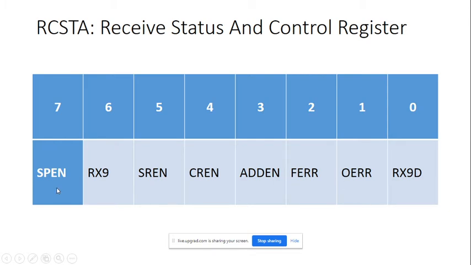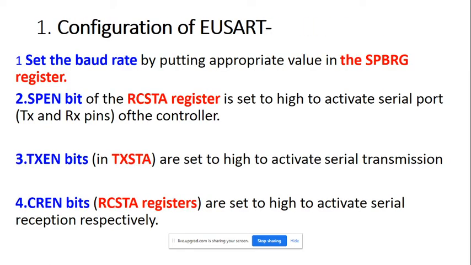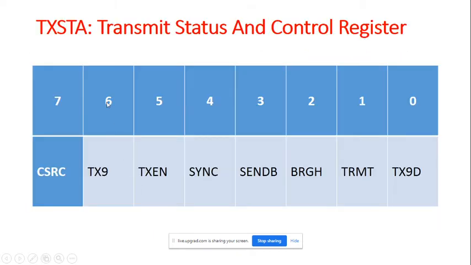Within this, the bit must be 1. Then only serial communication is possible. Okay. Then, your serial communication is enabled. The next step is TXEN, the transmit enable bit, must be 1, means the transmission process must be enabled. Now this bit is in TXSTA, that is the transmit status and control register, bit number 5.